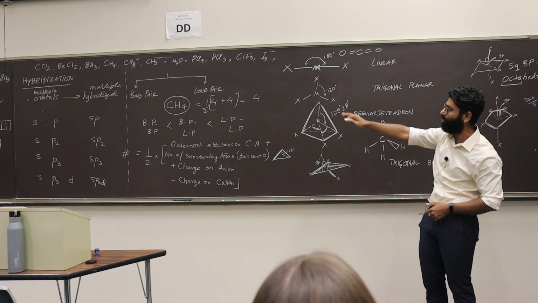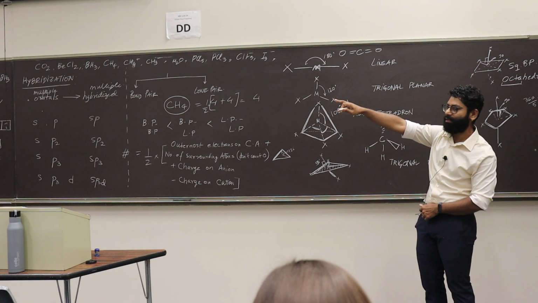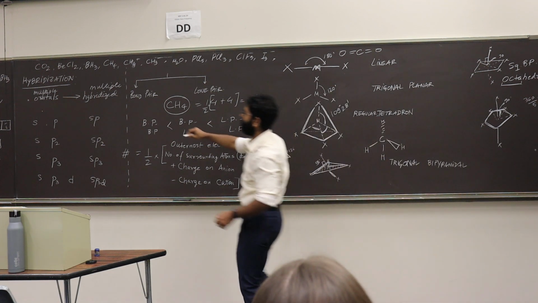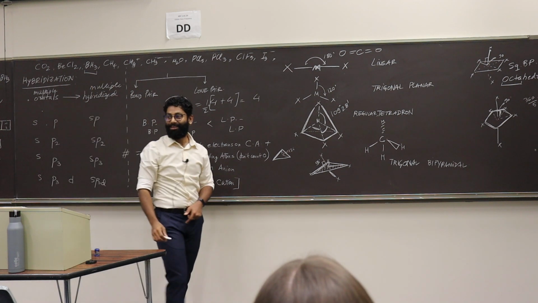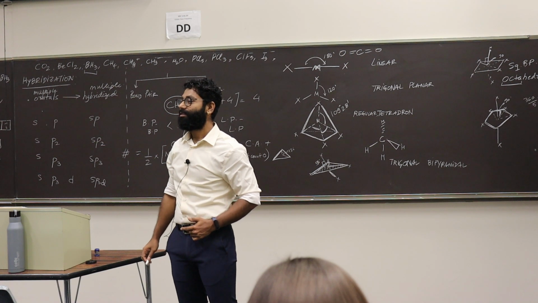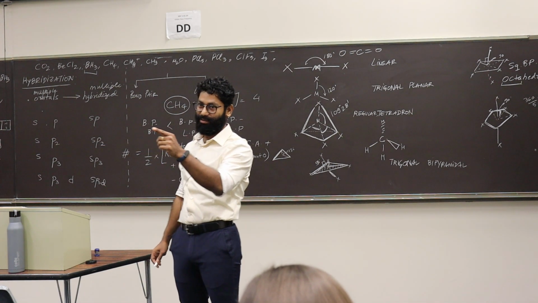BeCl2 probably is also linear, right? Yeah. BH3. Now you've got to know your periodic table. I don't know what boron is. So 3 outermost electrons, it's in period 13.